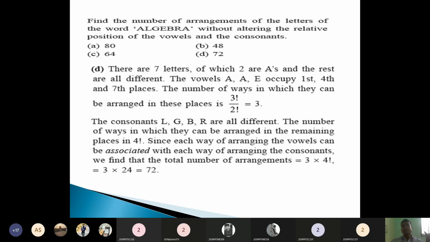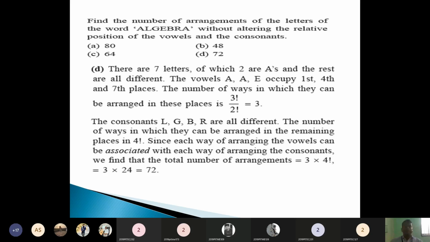Only these 3 are possible. It is not that this one is the first A and this one is the second A. If I change the second A to the first A and the first A to the second A, it is not different. So for that, you have to go this way: 3 factorial by 2 factorial. If elements are repeated, you have to divide by that value. So 3 factorial by 2 factorial equals 3.